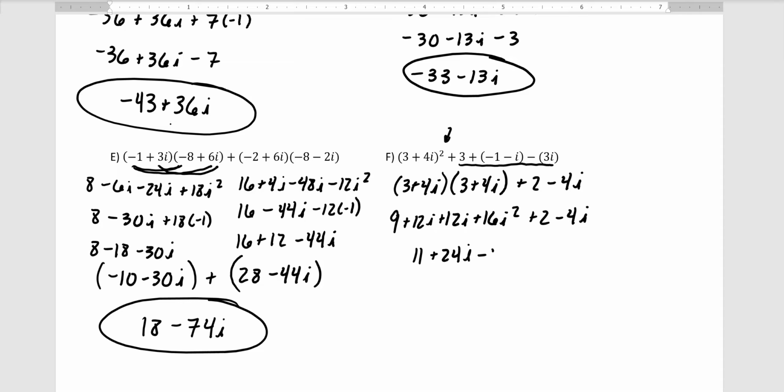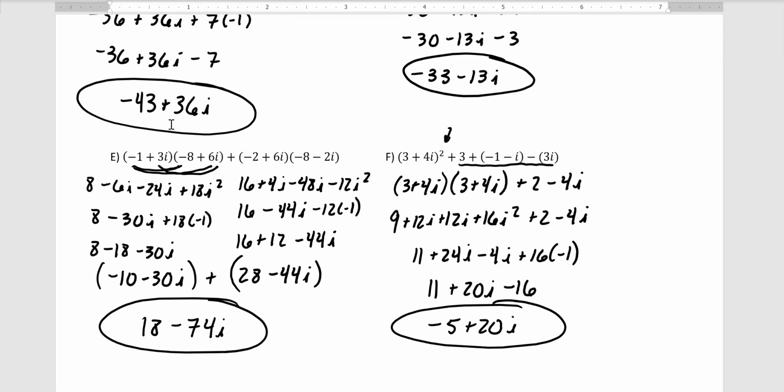Now we will subtract 4i, and we still have plus 16 times i squared, remember, is negative 1. So we'll have 11 plus 20i minus 16. 11 minus 16 is negative 5 plus 20i, and that would be our simplified form here.